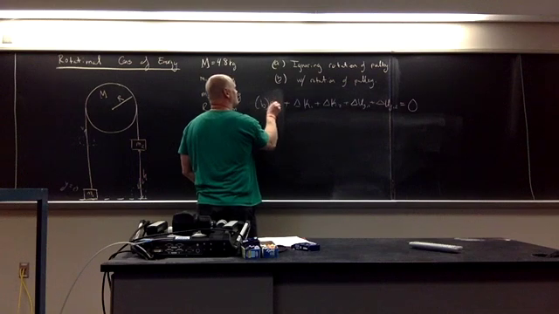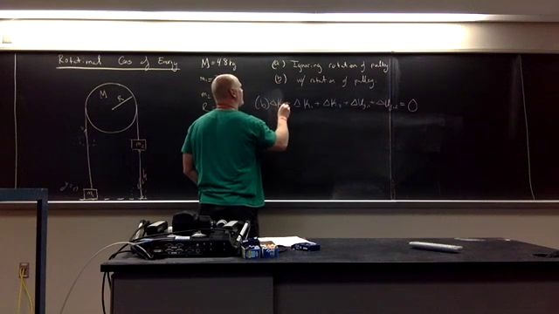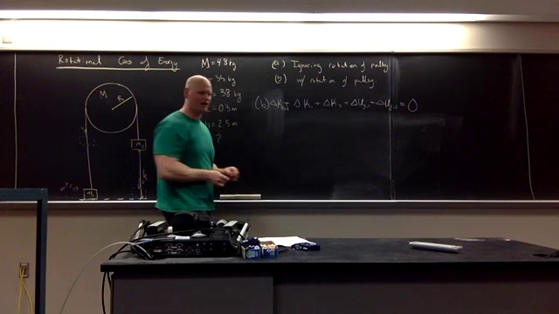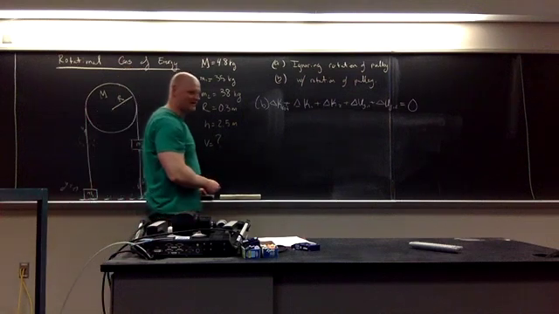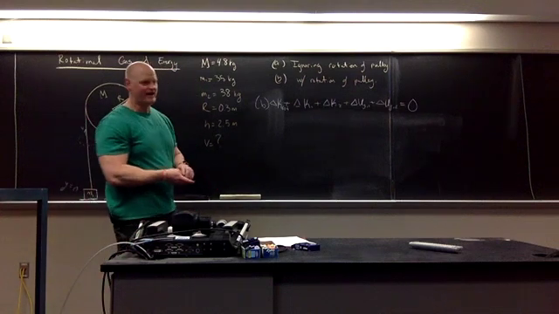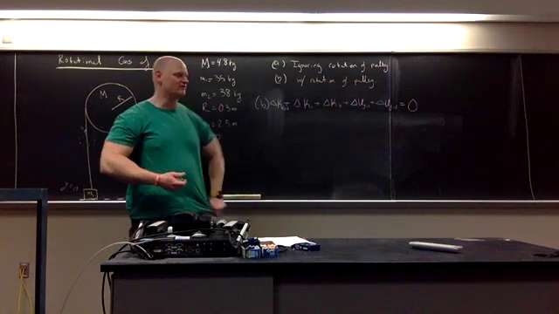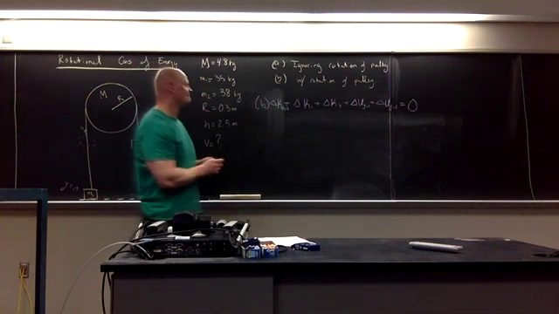The only thing that's going to be different is that I now have to add on the rotational kinetic energy of the pulley itself. Since the pulley is rotating about its center of mass, the only thing I care about is the moment of inertia about the center of mass. We'll talk about what that is in a second.